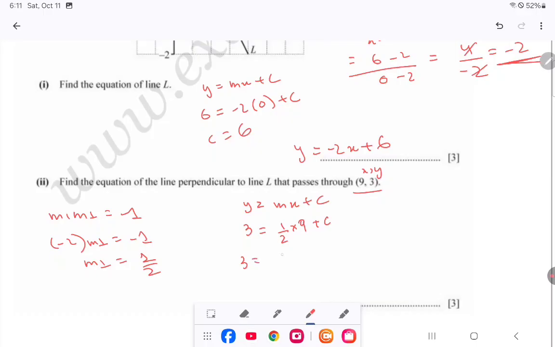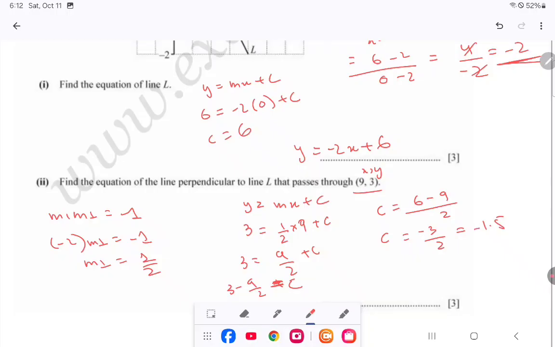So 3 = 9/2 + c. Subtract 9/2 from both sides. Solving further, c = 6/2 - 9/2, so c is negative 3/2, or we can say negative 1.5. So this is the value of c.